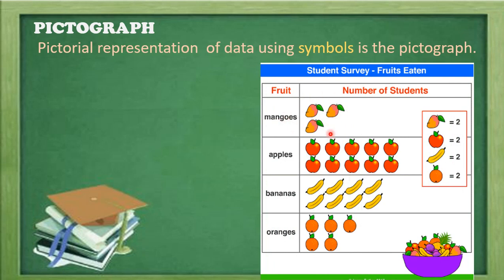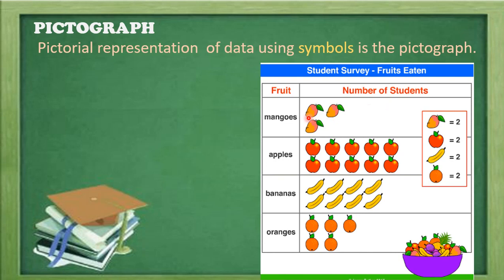So here the image shows, by observing this we can understand easily that one mango represents 2, one apple represents 2, one banana image represents 2 bananas and one orange represents 2 oranges. So here by observing the data we can easily understand how many fruit were eaten by the students.